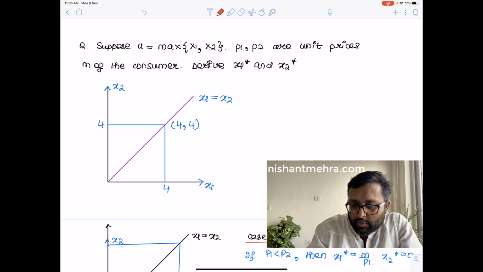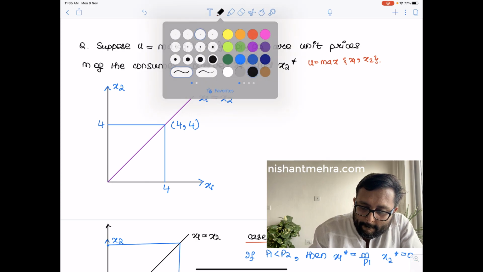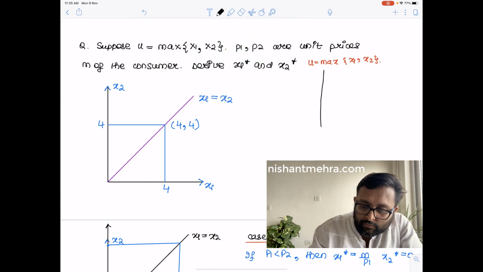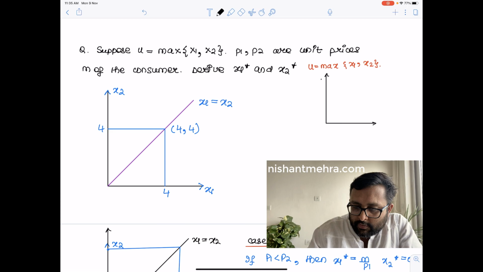So you have U equals max of x1, x2. You'll draw the kink line first. So this is x1, this is x2, and you will draw the kink line first.